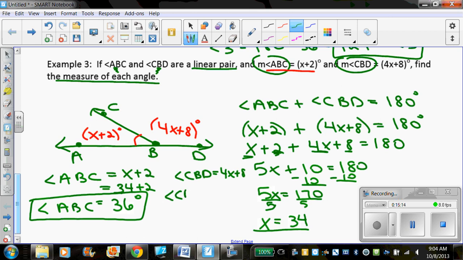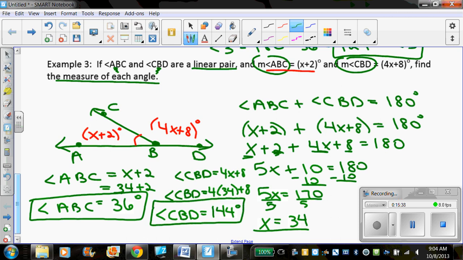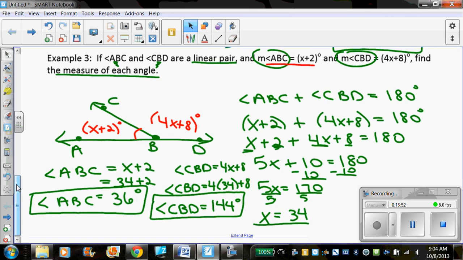So angle CBD, if I put this 34 in for x, 4 times 34, and then I add the 8 to it, I end up with 144 degrees. That's a great answer to see, because then I can check: 36 plus 144 is 180, so that follows the linear pair definition. So I just found my two angle measures, working backwards and checking your work.